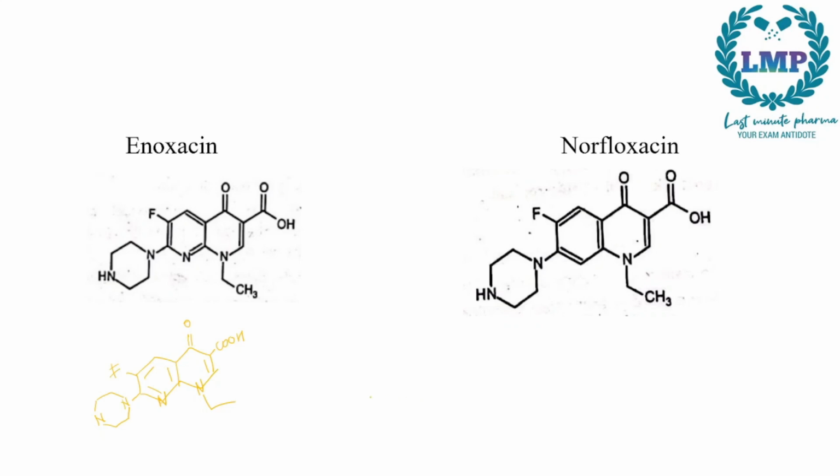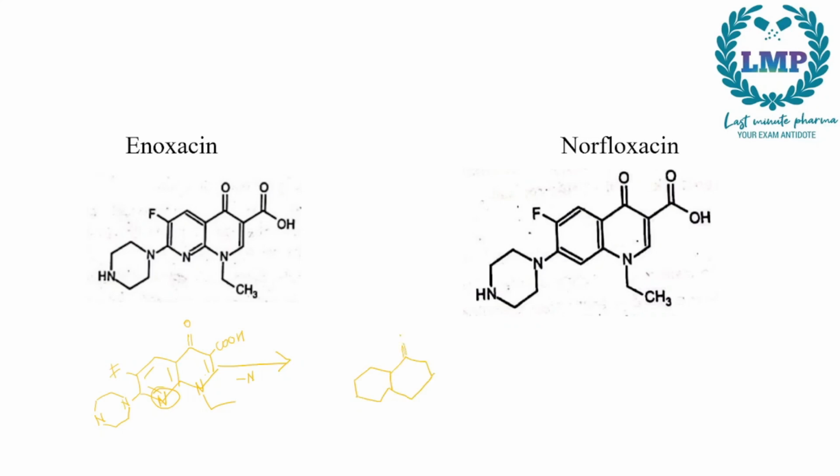Now norfloxacin is the same as enoxacin, the only difference from enoxacin to norfloxacin being the removal of N in this position. So the structure of norfloxacin will go something like 2 benzene rings which are fused to each other.